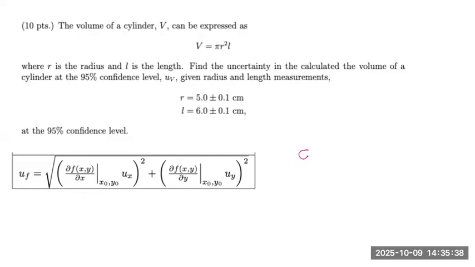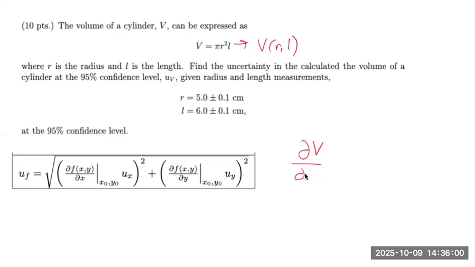We'll find the partial derivative of f of x, y, or over here it's actually going to be V of r, L, but I'm just going to write it in terms of V so that it'll be in a simpler form. So dV dx.